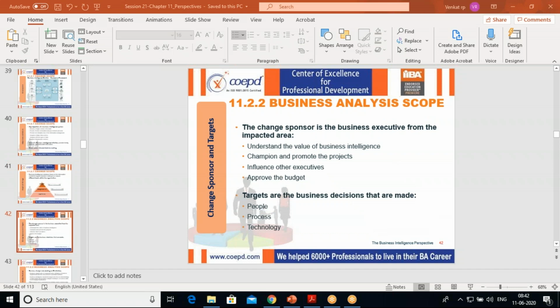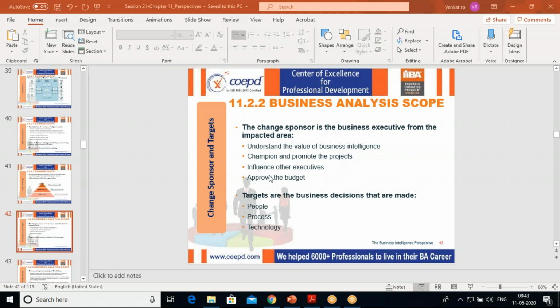And when you see this, the sponsor who is actually going to initiate this should understand the value of business intelligence. He should understand that with business intelligence we get some value out of it. He should promote the projects and drive it, because of the lot of positive impact it has on the business.